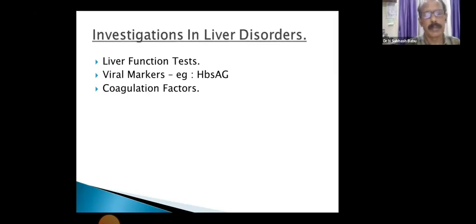So many things we have to do. Then prothrombin is also a very important protein which is synthesized by the liver, which helps the clotting of the blood. So it is synthesized by the liver only. Generally, we will write the PT, prothrombin time. So that is the synthesis function.